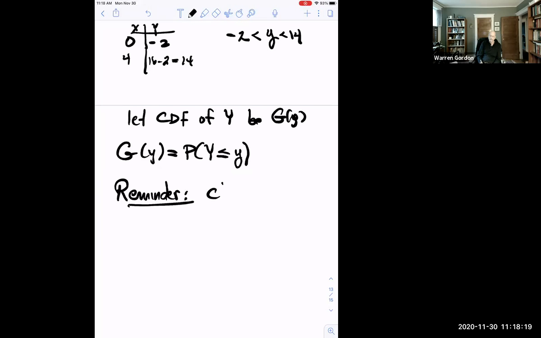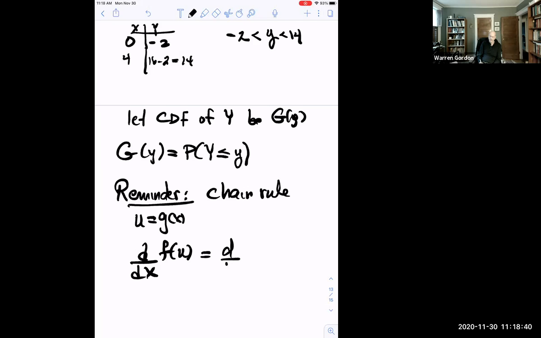Remember the chain rule? If u is some function of x, and you want to find the derivative of f of u with respect to x, the chain rule says you take the derivative with respect to u and multiply by du dx.